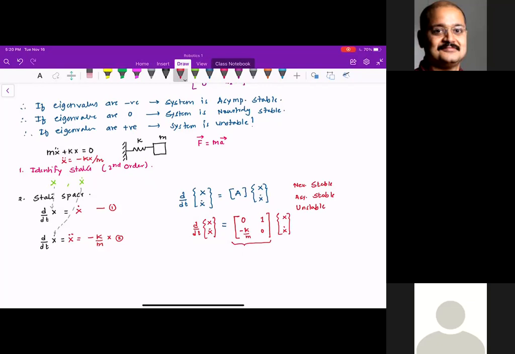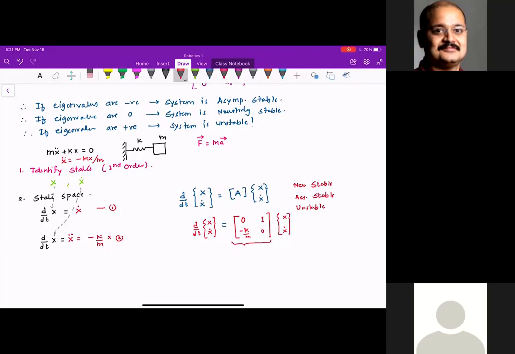If those eigenvalues have negative real parts, then the system is stable. If the eigenvalues have positive real parts, the system is unstable. And if the system has zero real parts, then the system is going to be neutrally stable.